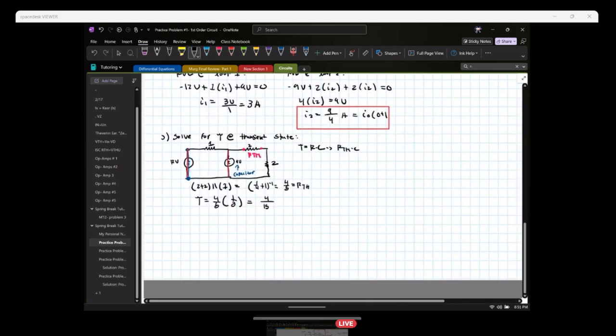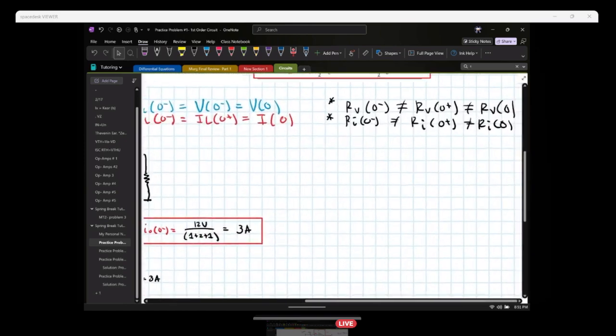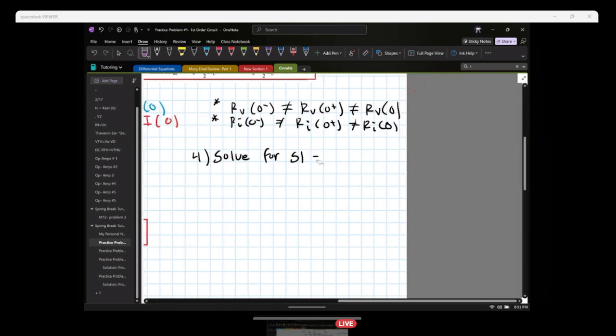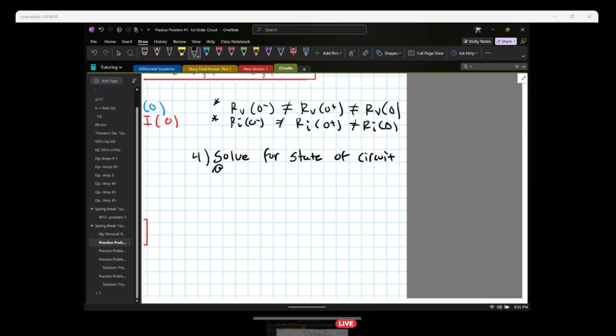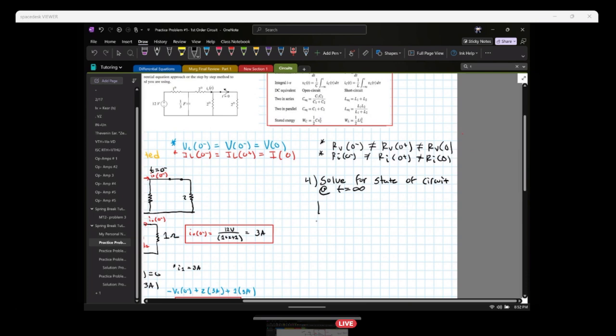Okay, last thing is to solve for the state of the circuit at t equals infinity. Now everything's back in steady state. So we'll just have the voltage source, 12 volts.